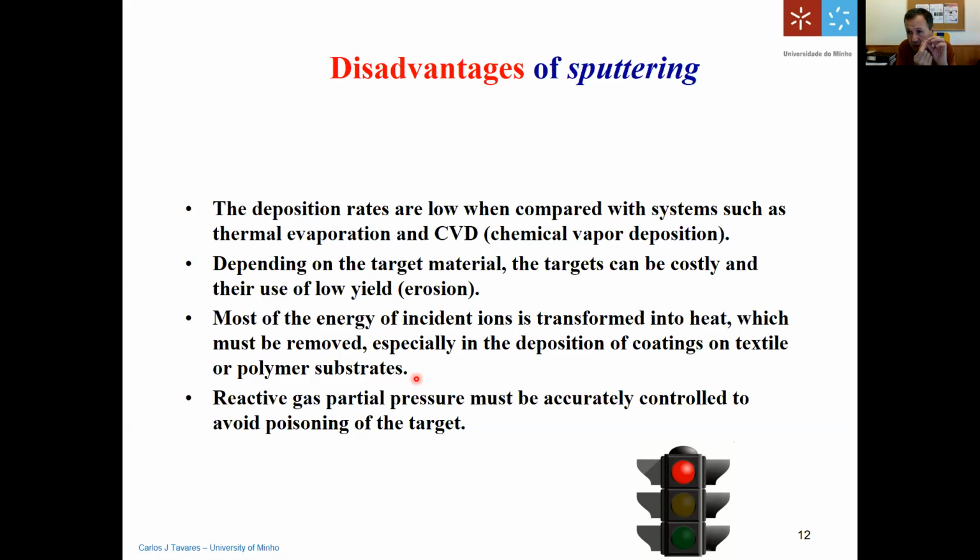And you don't want this oxygen to cover your target. You only want the oxygen to react with the ejected titanium atoms and not with those in the target. Because if you have a covering of oxygen on the surface of your target, then you have an electrical layer on top of your cathode, and hence the electrical field will be reduced, and you will not ionize so easily the argon atoms, which is the working gas.